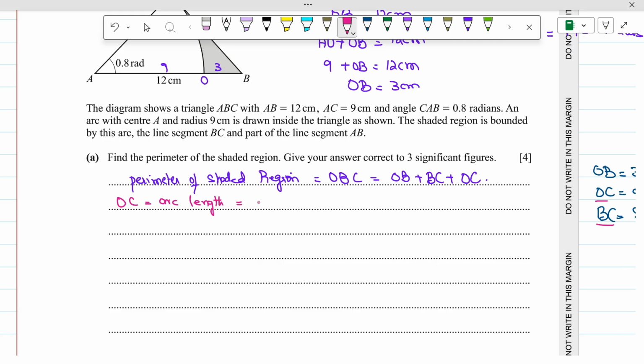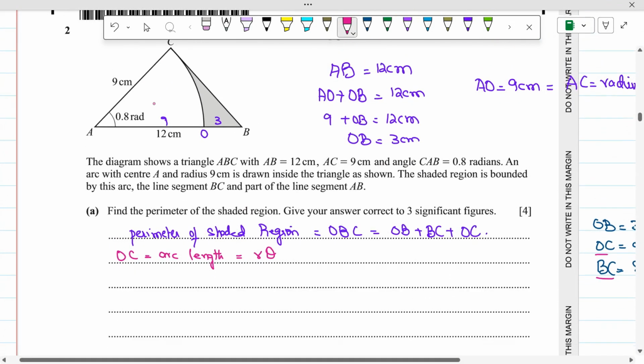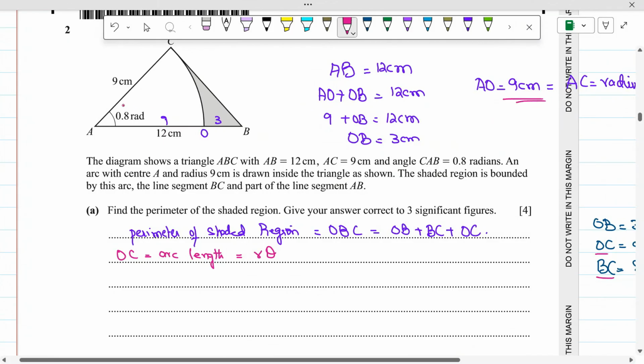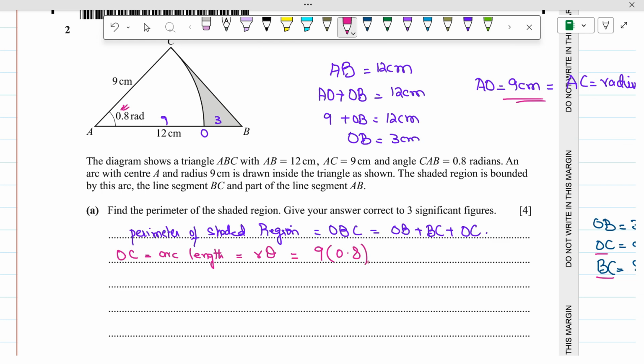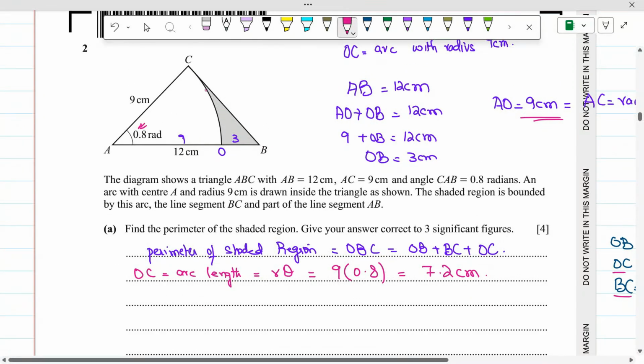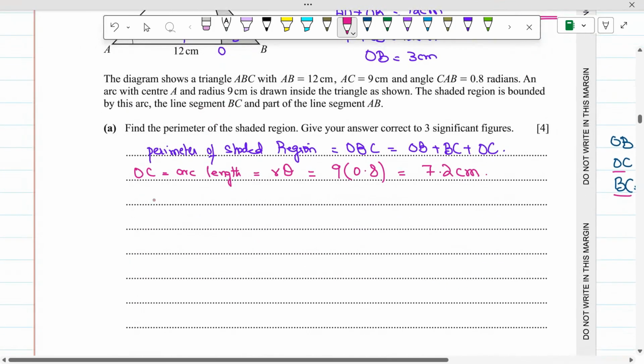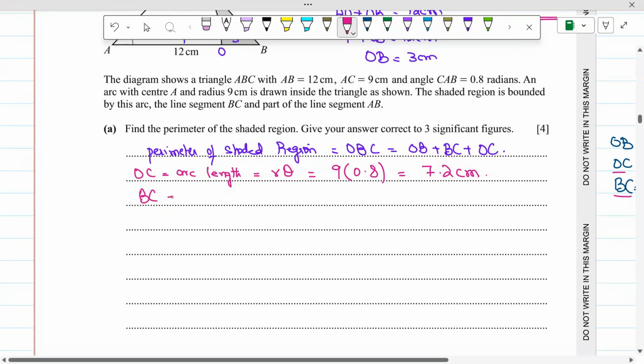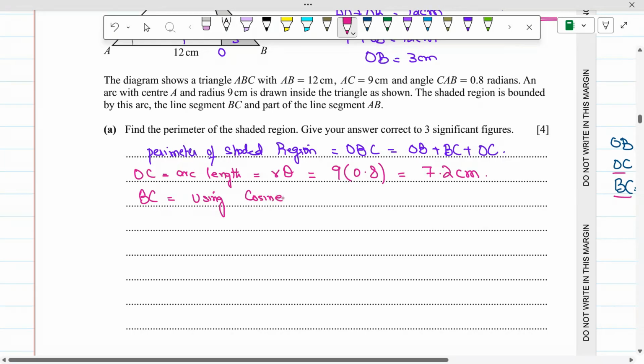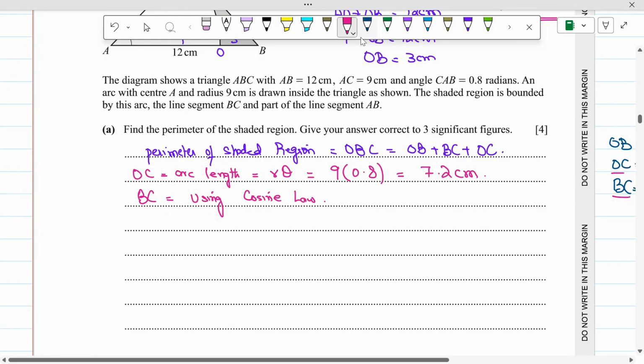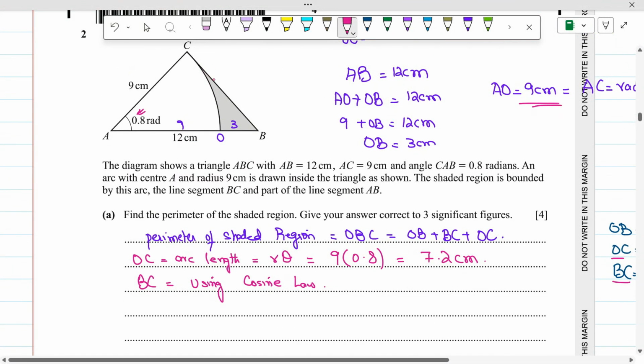and we know that arc length is equal to r theta, and in this case the radius is 9 and theta is 0.8, so 9 times 0.8 is equal to 7.2 centimeters. To find the side BC we will use the cosine law, because the angle opposite to the side BC is given, which is 0.8.